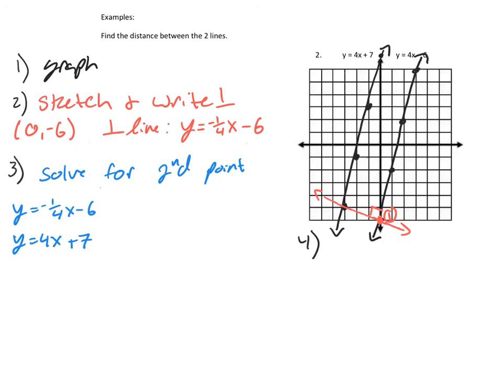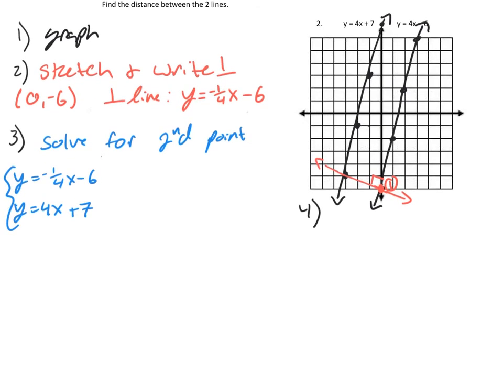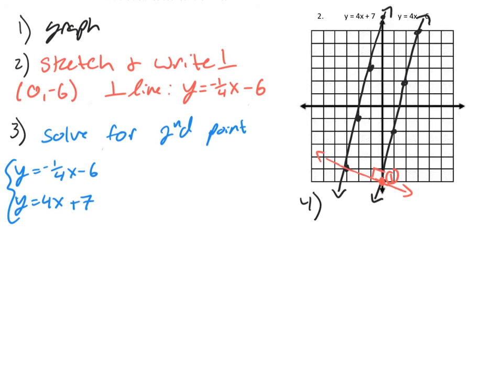Okay, so those are the two lines, and we're going to solve this system. So easiest way to solve this, since they're both in slope-intercept, is going to be using substitution. So I'm going to kind of just set those right-hand sides equal to each other. So -1/4 x minus 6 equals 4x plus 7.